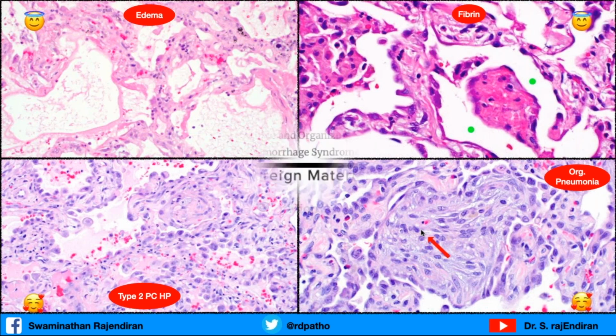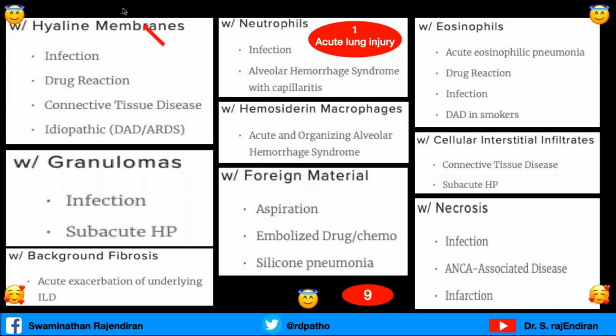In this acute lung injury pattern, there are 9 subtypes: those associated with hyaline membrane, with granulomas, with background fibrosis, with neutrophils, with hemosiderin-laden macrophages, with foreign material, with eosinophils, with cellular interstitial infiltrate, with necrosis.